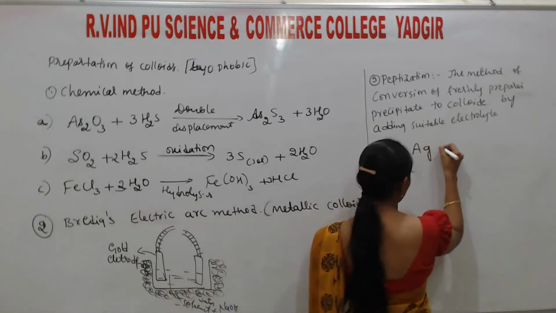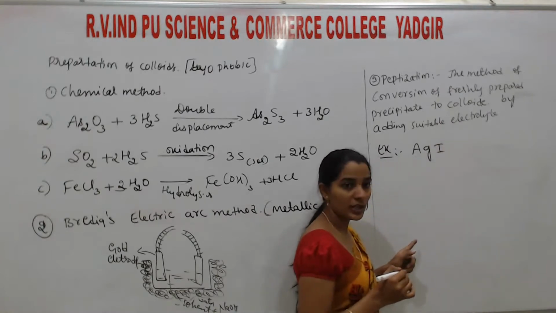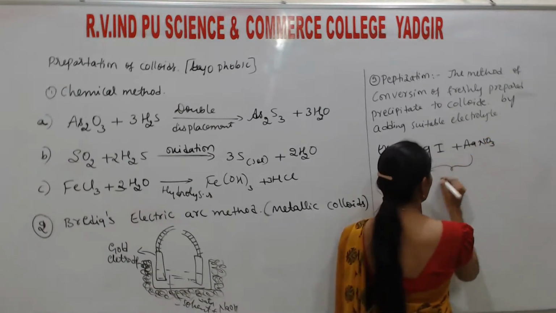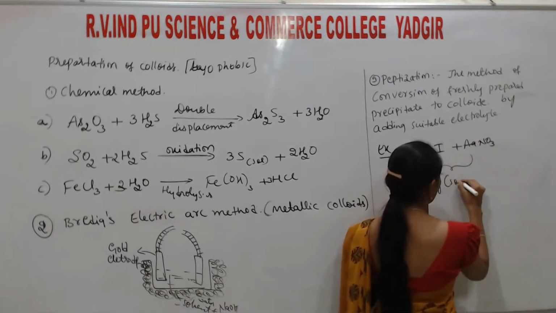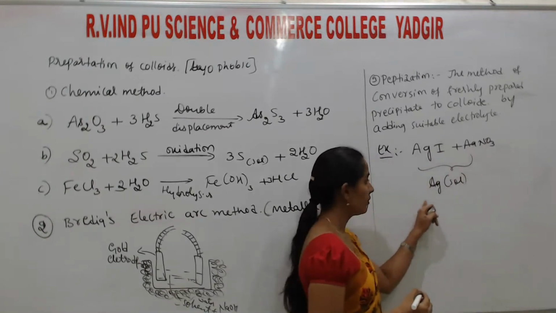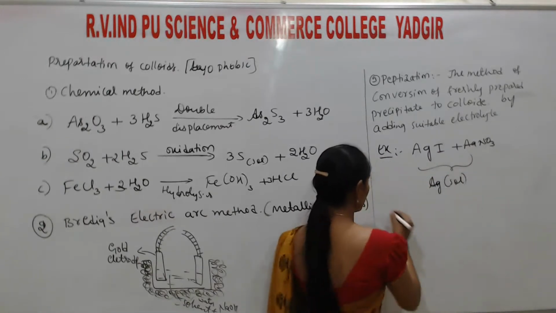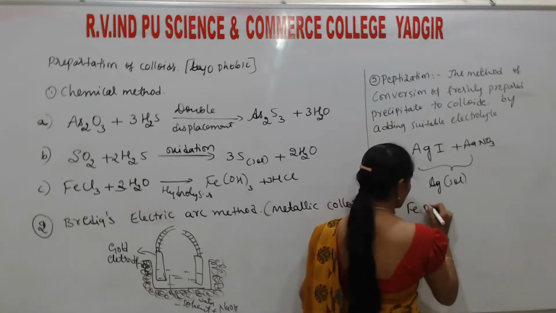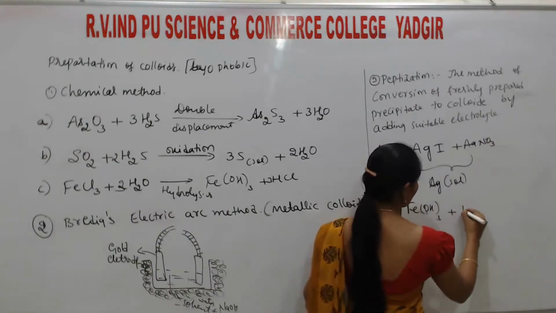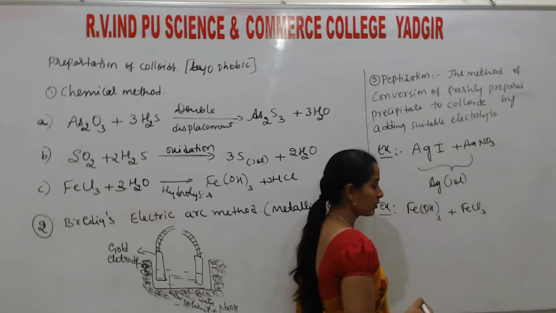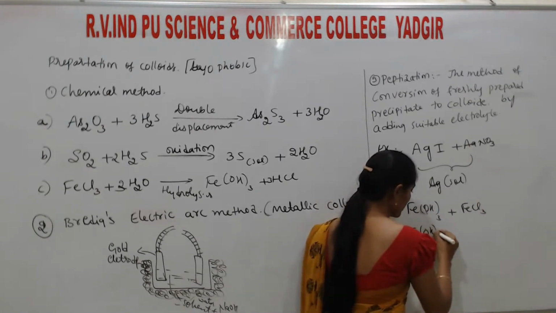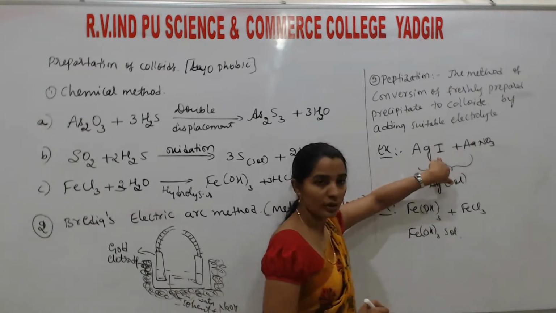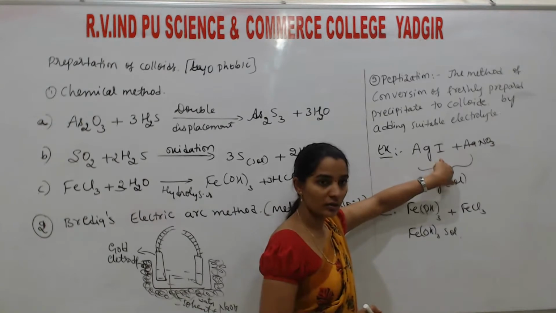if the freshly prepared precipitate AgI is treated with AgNO3, then they form silver sol or silver colloid. Next, the freshly prepared Fe(OH)3 is dissolved in FeCl3, that is electrolyte, forming ferric hydroxide sol. Means the colloid, this is completely dissolved in water. This is a true solution. Understand?